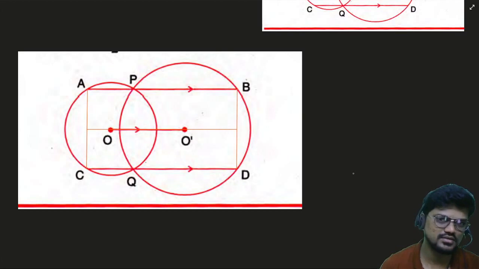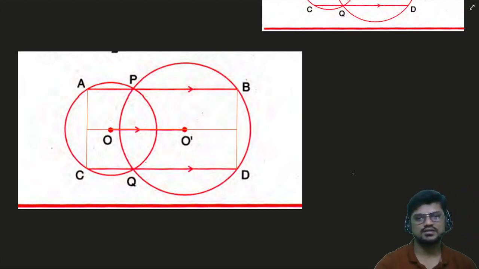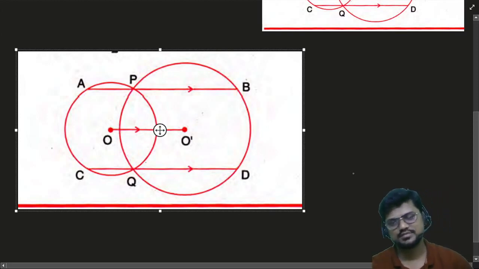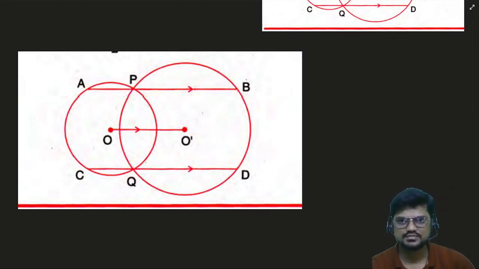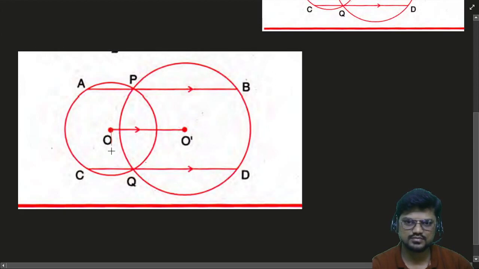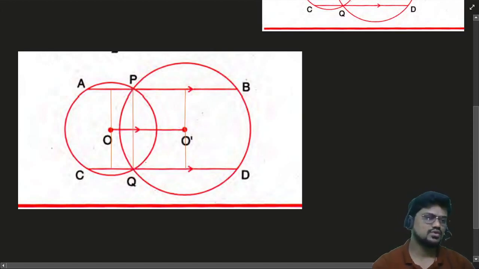Sir, 90, 90, 90, 90, so rectangle, no? But who said it's a rectangle? We don't have to draw it. We have to draw this. This only I was telling.